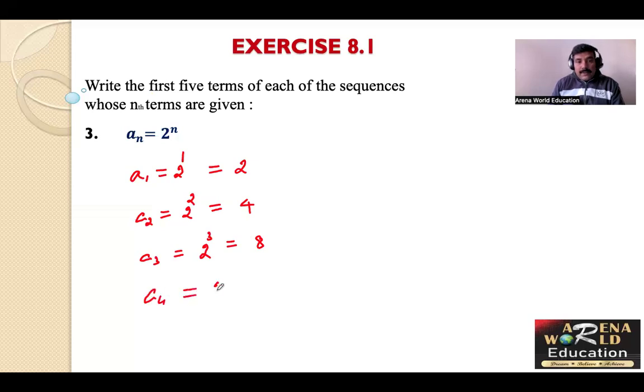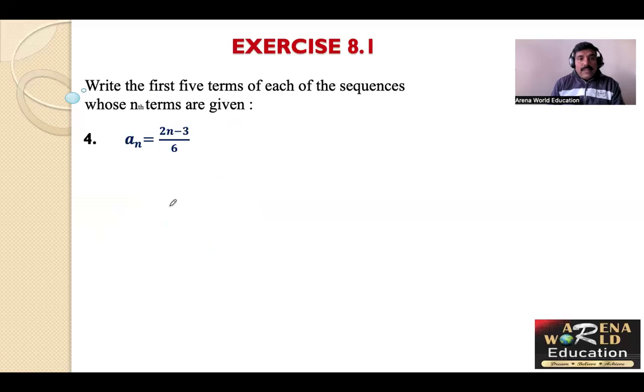Similarly, A4, 2 raised to power 4 and this will become 16. A5, it will be 2 raised to power 5 and this will be equal to 32. So I think first type is very easy. So it is just replacing n with required term. Like suppose we have to find A6. So what we will do? We will write 2 raised to power 6.